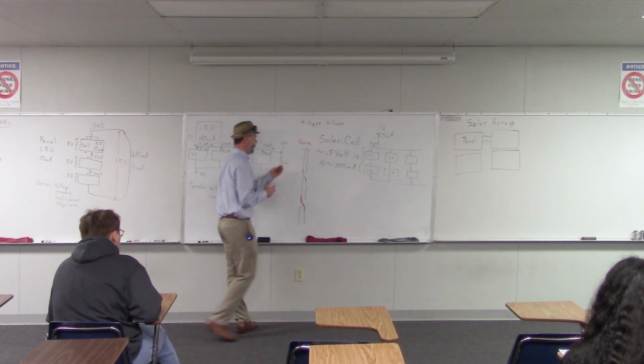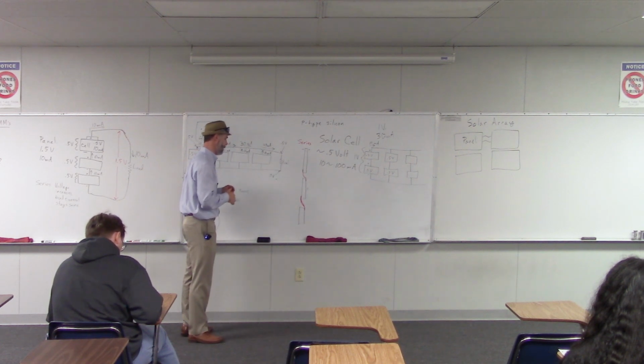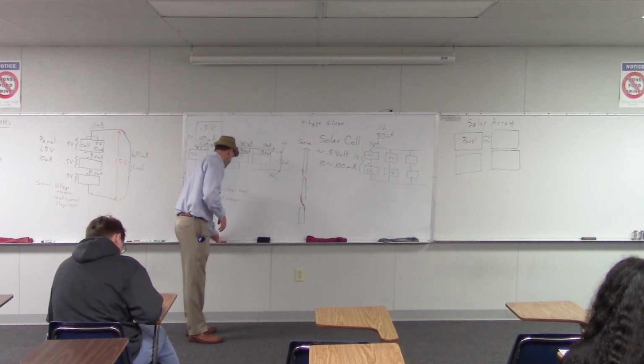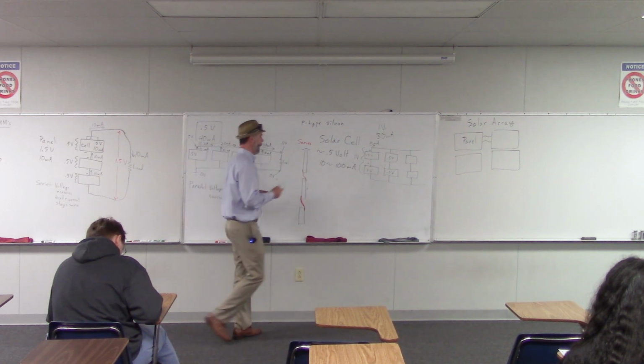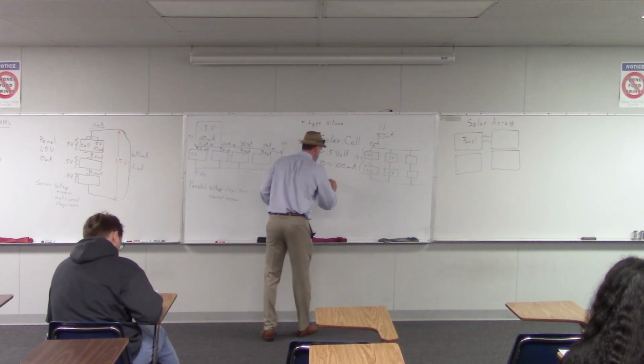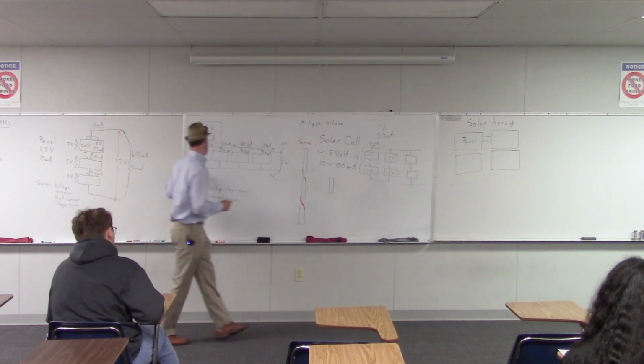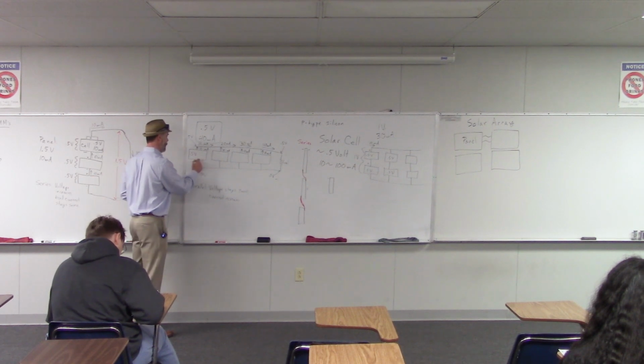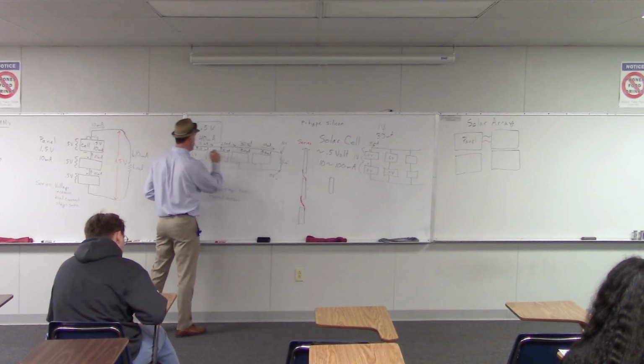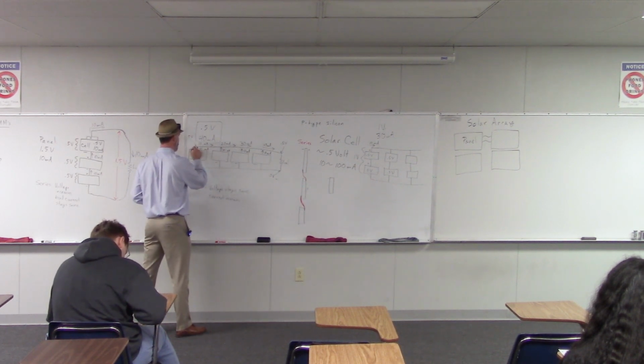So if you look at a panel, you can see some of the cells are wired in series. Other cells are wired together in parallel. So the way that cells are connected in parallel, remember, in parallel, all the negative sides are connected to each other, and all the positive sides are connected to each other.